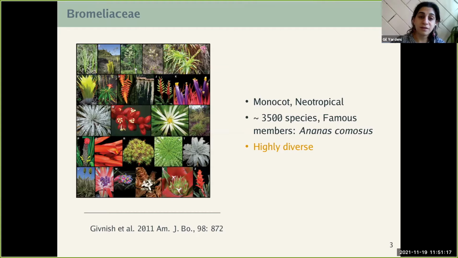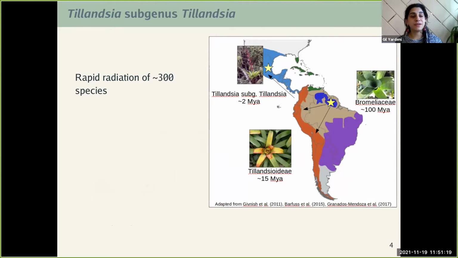And in my project, I'm specifically interested in the genus Tillandsia, subgenus Tillandsia. It's a very diverse group that radiated quickly. What we know about its history is that the Bromeliaceae family probably originated in the Guiana Shield around 100 million years ago.